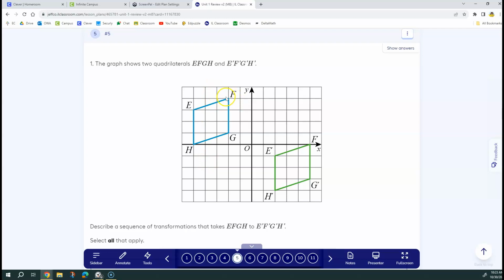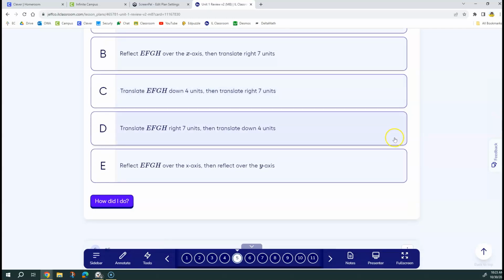I'm just going to use point F as my reference point. To get to point F prime, I'm moving 1, 2, 3, 4, 5, 6, 7 steps to the right, and then 1, 2, 3, 4 steps down. 7 to the right, 4 steps down.